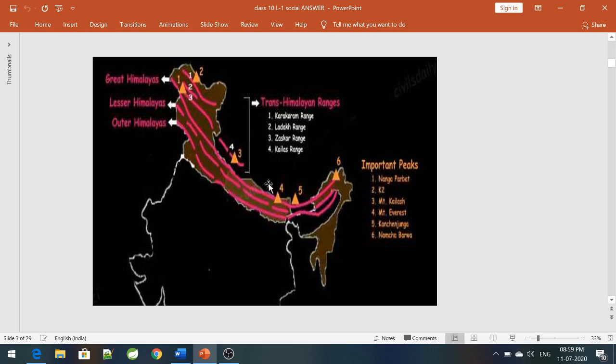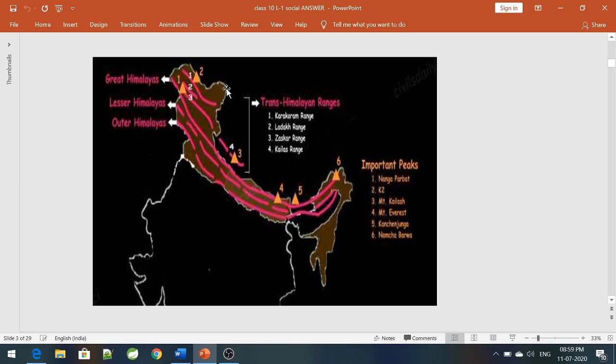If it was not there, then the cold winds from the northern hemisphere would have come here, and the land would be ice-freezing, and there would not have been life or vegetation, nothing. Thus, because of these Himalayas, we have a cold condition here, and they act like a barrier.